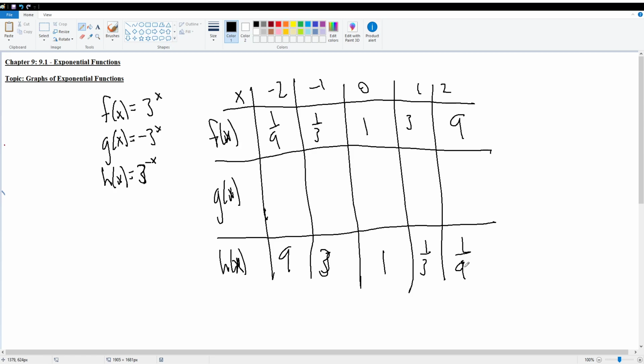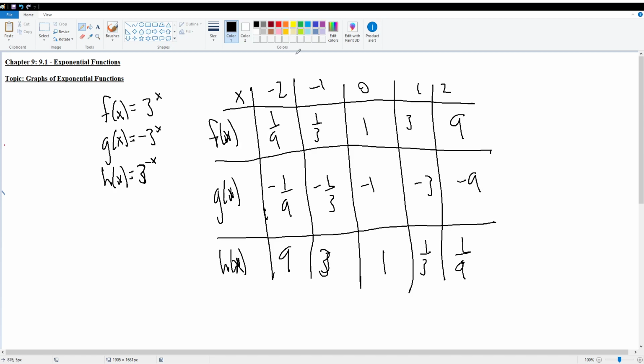And then g of x will be a lot like f of x, but now we have that negative sign, so all the values in our output just become negative. Negative 1, negative 3, and negative 9.